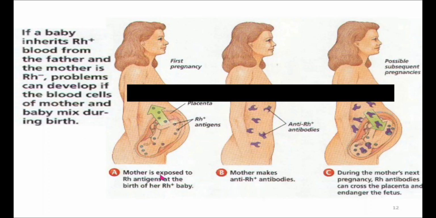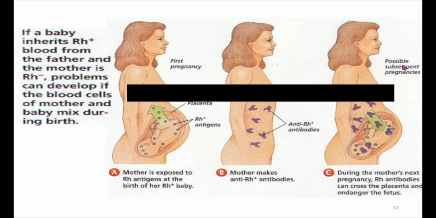In this case, mother is exposed to Rh antigens at the birth of her Rh plus baby in the first pregnancy. Through placenta, you can see that through placenta from the baby, the Rh plus antigens will be crossed to the mother's body. And mother's body makes anti-Rh plus, that is antibody making is there. These are the antibodies. The Y-like structure is antibody structure.